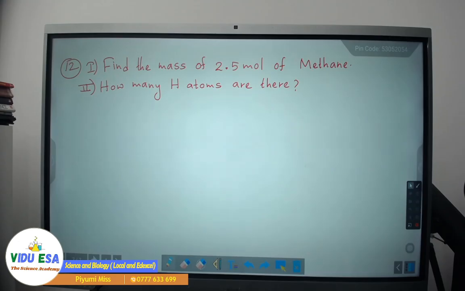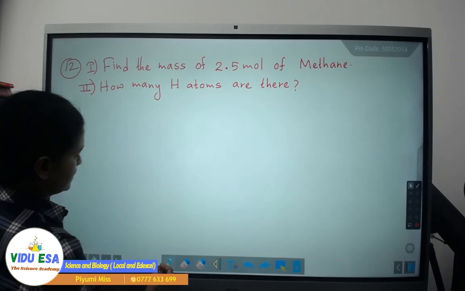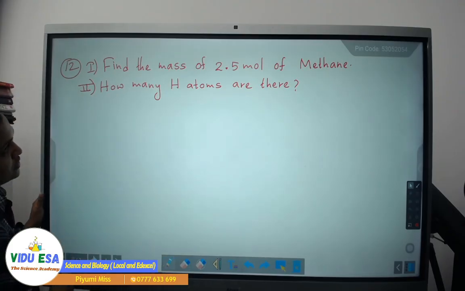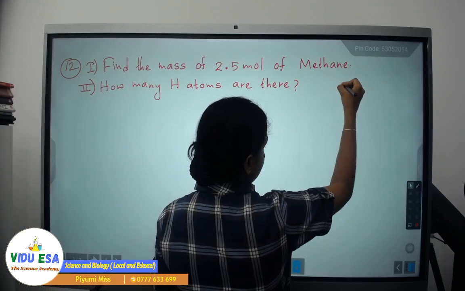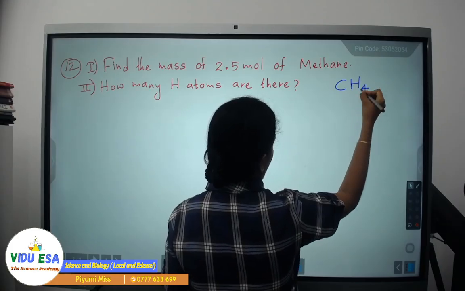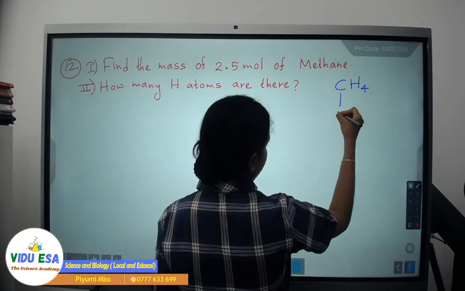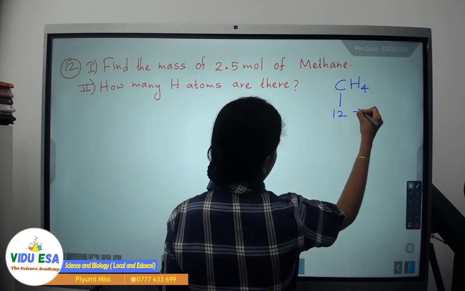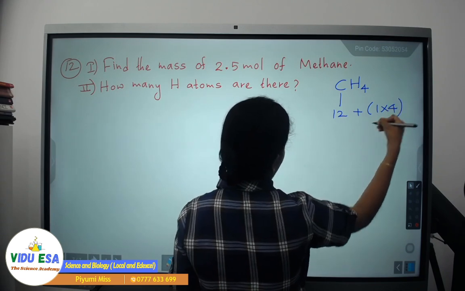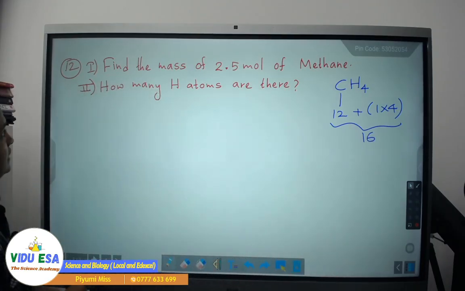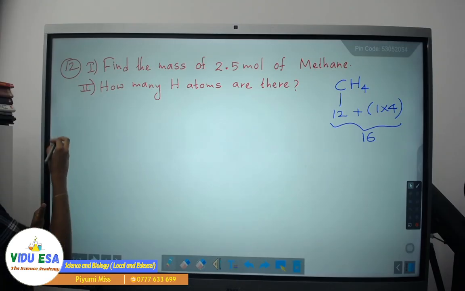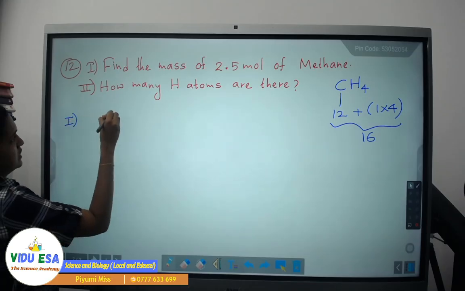Okay, let's see. Yes, I have received a number of answers. Find the mass of 2.5 moles of methane. That is CH4, right? Carbon is 12, hydrogen is 1. There are 4 hydrogen atoms. So that is altogether 16. Now I will substitute in the equation.